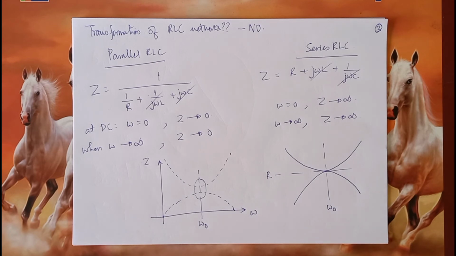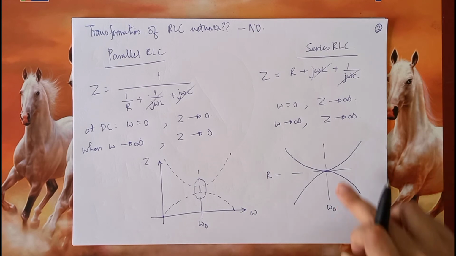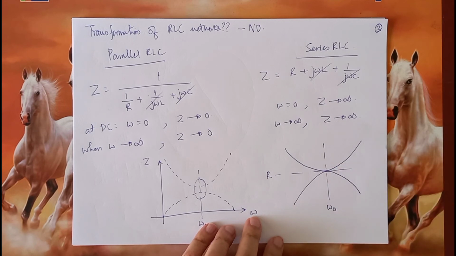So this is the only interesting point at which the series and the parallel RLC networks are effectively very similar to each other, because their impedance essentially converges to R.